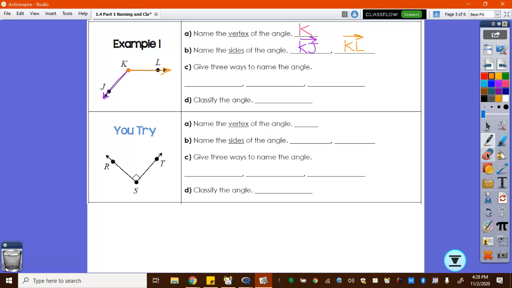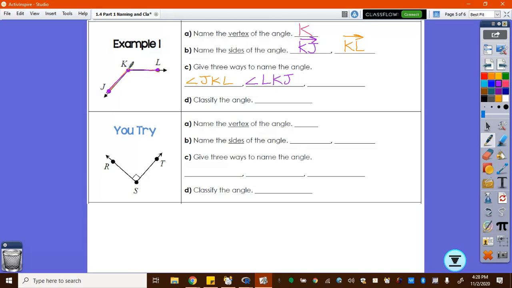All right, let's name three ways to name this angle. I can name this angle with three letters. Remember, the vertex has to be the middle letter. So we can name it angle JKL, with that vertex letter in the middle. I could also go the opposite direction and name it angle LKJ.